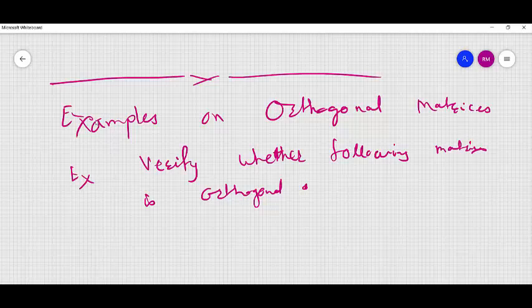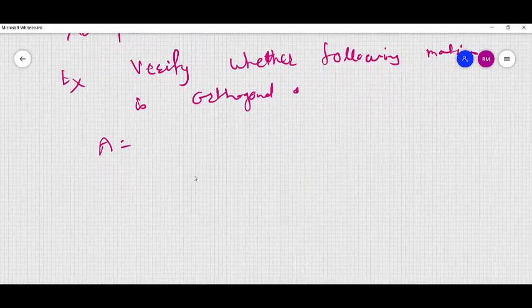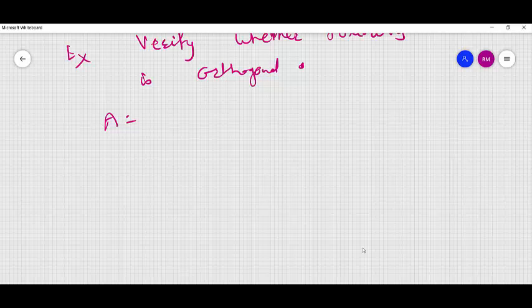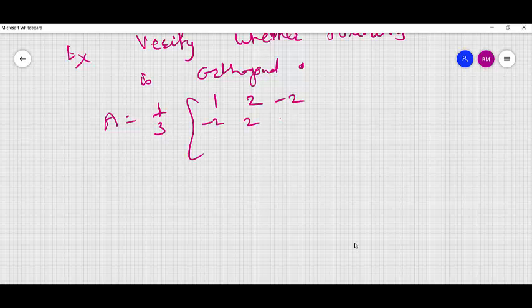So we have given matrix A equal to 1 by 3, 1, 2, minus 2, minus 2, 2, 1, 2, 1, 2.